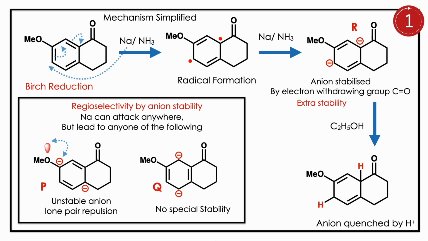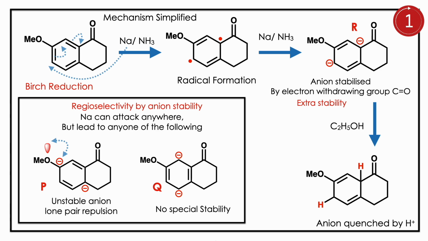Then Q doesn't have any extra special stability. Even though it has a chance of formation, it will be the minor one. The major one will be R, which is why we took the pathway of R. The starting material reacts with sodium and ammonia, the diradical forms, then the dianion forms.